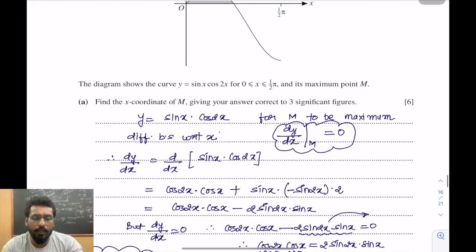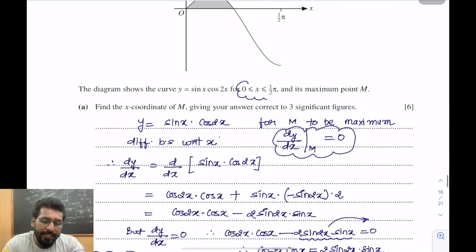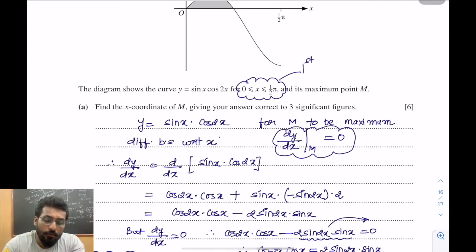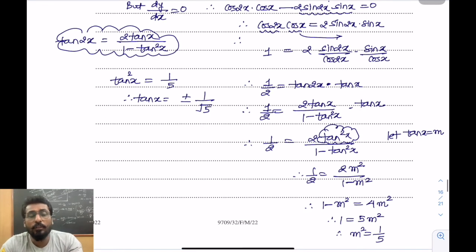Now what is told about x? Is x lying between 0 to pi by 2? That means x is an angle of the first quadrant. If x is a first quadrant angle, can you not say that tan x should be positive? It cannot be negative.